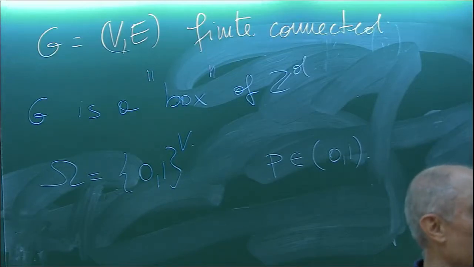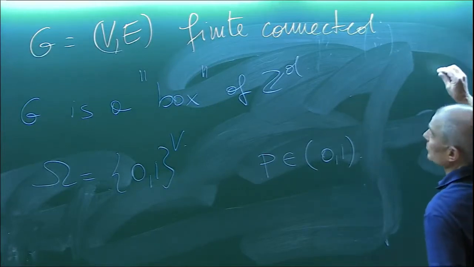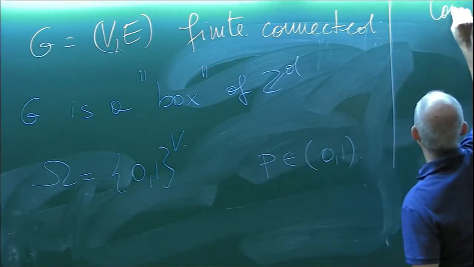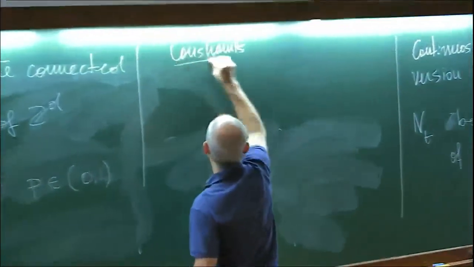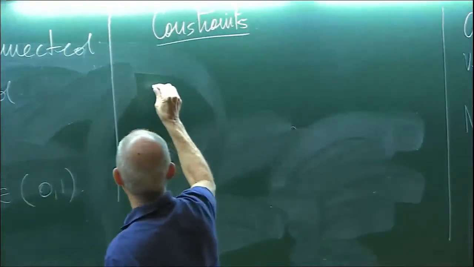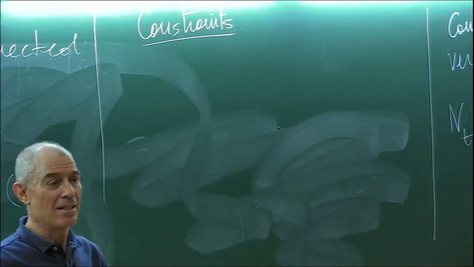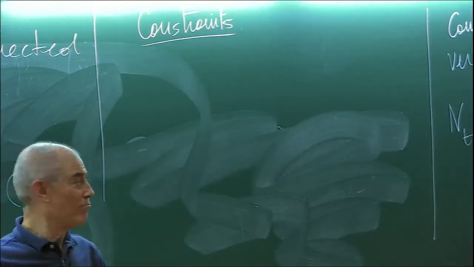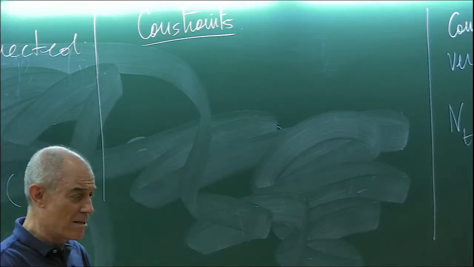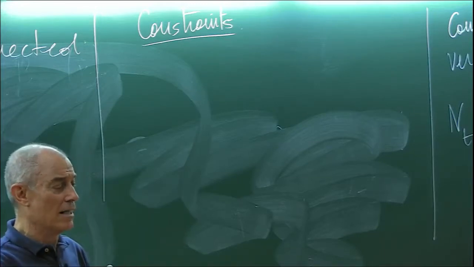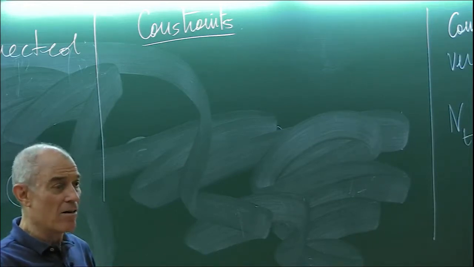However, now comes into play the constraint. So in the most general case, maybe I'll describe it on Z^d, not on a general graph. So the constraint more or less is the following. The clock at a vertex x rings, okay?